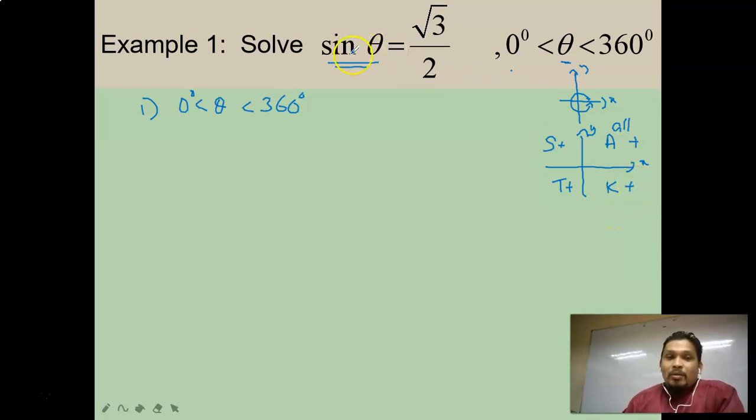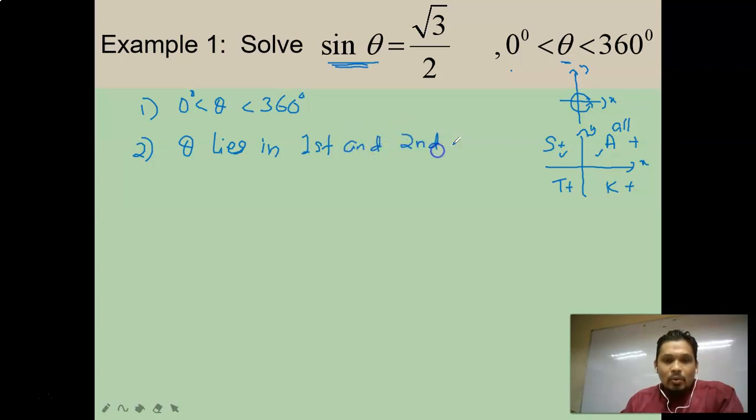So then, look at here, sine theta equal to positive square root of 3 divided by 2. So if sine theta equals positive values, it means that we are talking about angle in the first quadrant and second quadrant. So here we put theta lies in the first and second quadrant.